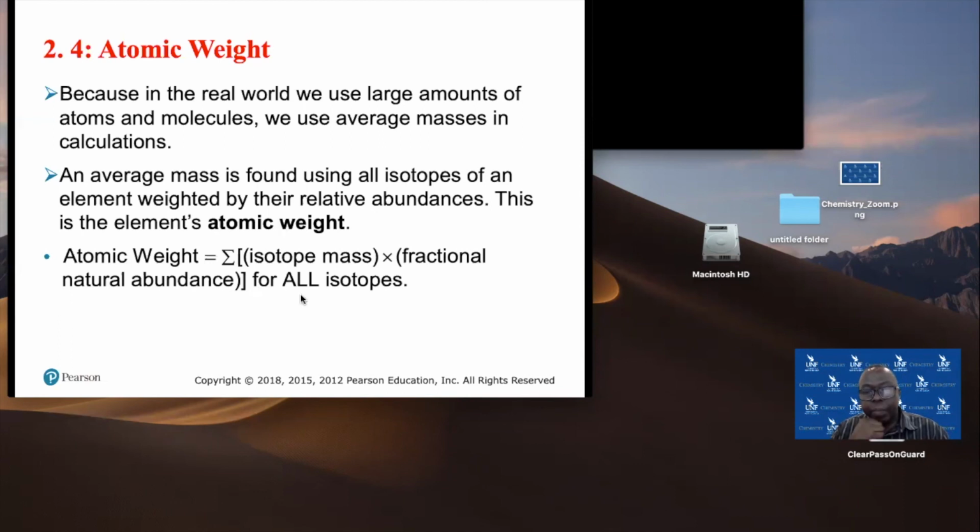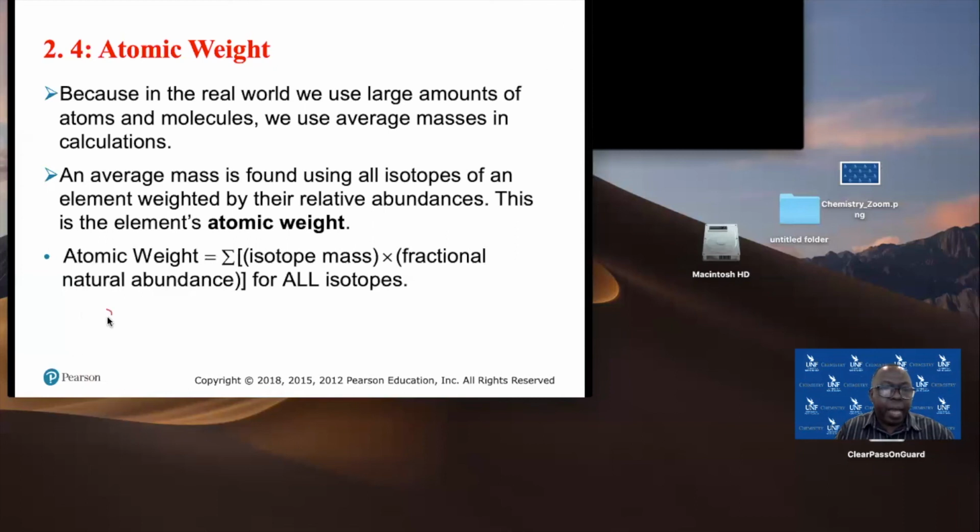Silicon, for example, number 14, has isotopes, and the atomic mass of each isotope, they did that. And the fractional abundance here, you are given in percent, but you are supposed to use the fraction.